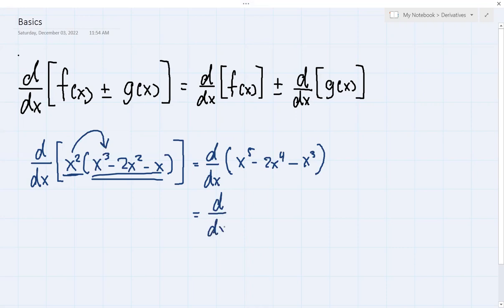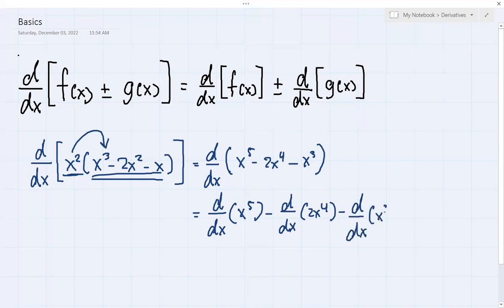So, magiging, ito na yun. So, the derivative of x raised to 5 minus the derivative of 2x raised to 4 minus the derivative of x cubed. Ayan. So now let's get the derivative of each of these terms.